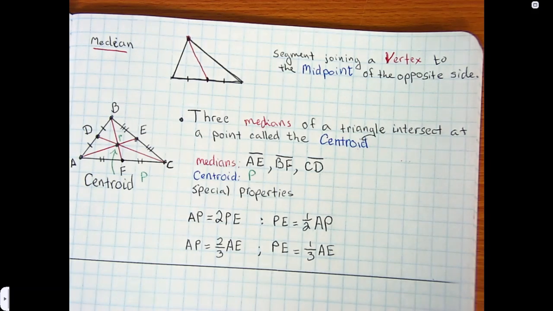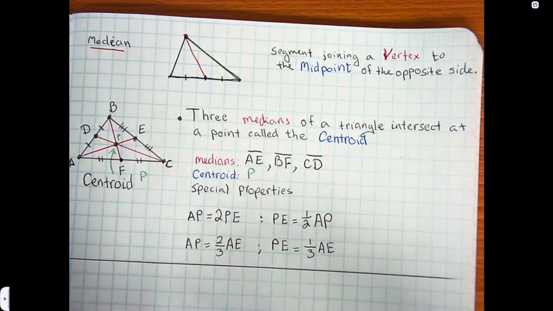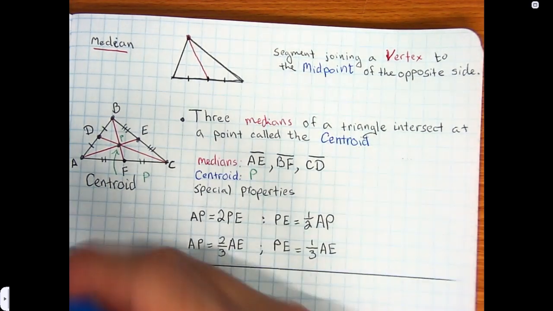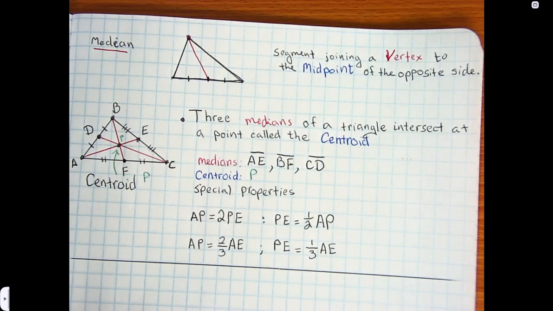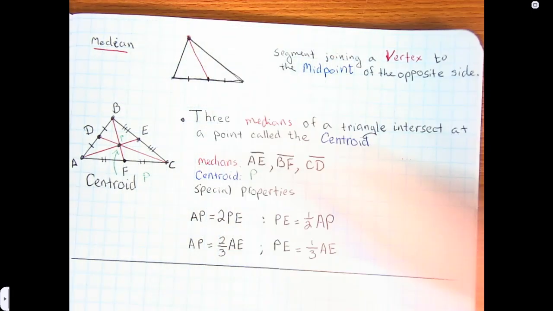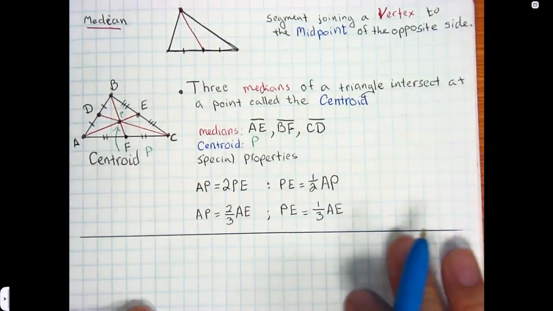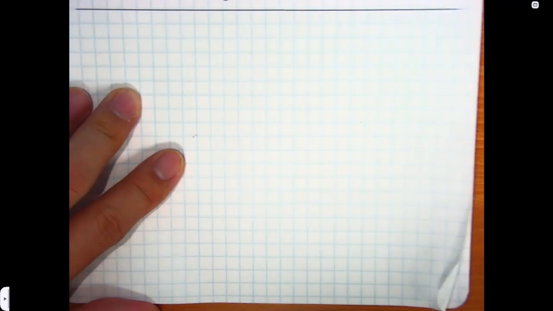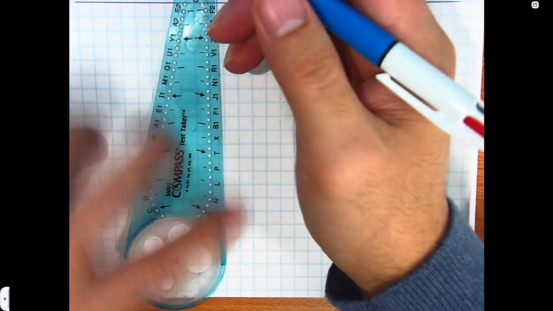Okay, so let's move on to the next piece of information, which is the altitude. So we know the median is the line from the vertex to the midpoint. The altitude will also be a line from a vertex of a triangle. You may have heard of this altitude before.